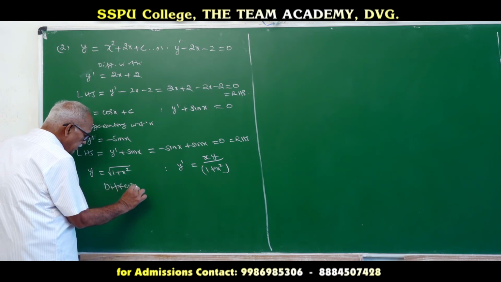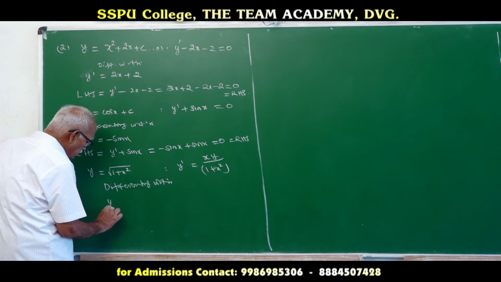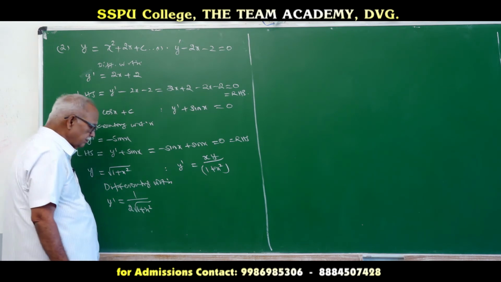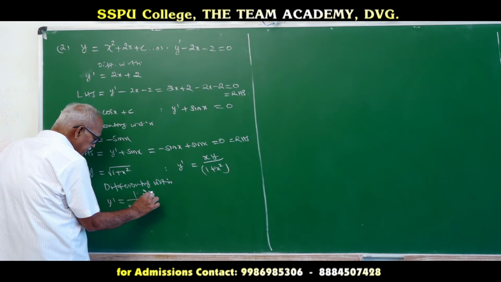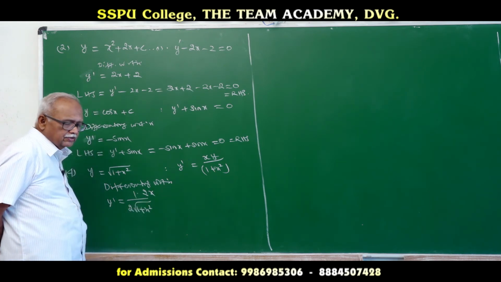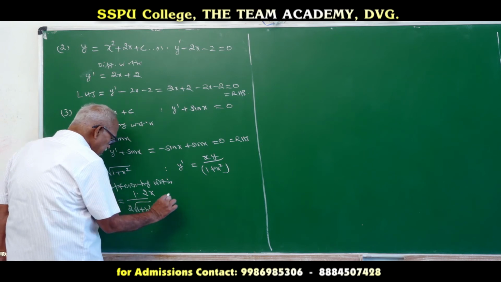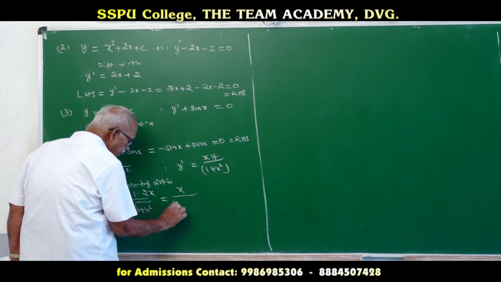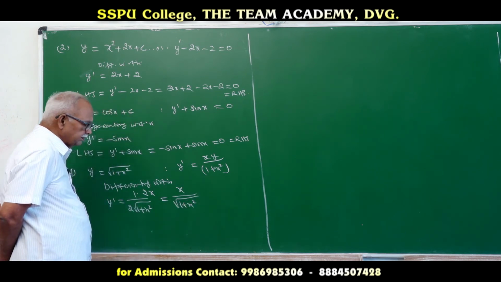Differentiating with respect to x, y dash is equal to 1 by 2 square root of 1 plus x square into 2x. Now, so this can be taken as x by square root of 1 plus x square.